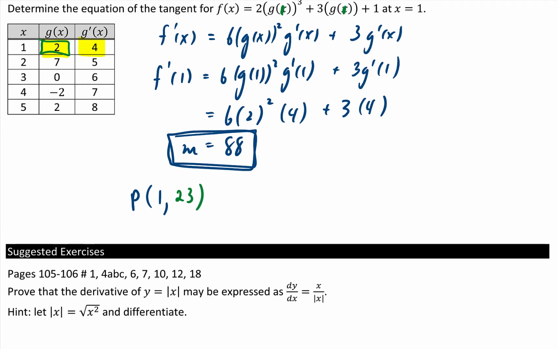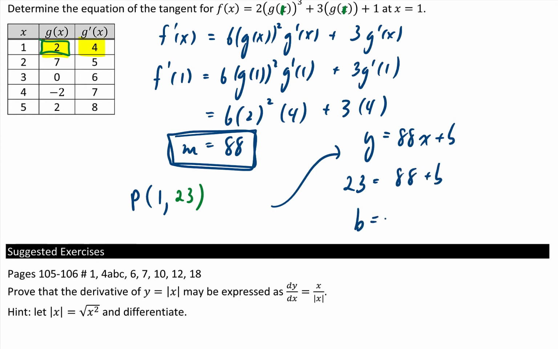So therefore, we have y is equal to 88x plus b. Subbing in our point of tangency, we get 23 is equal to 88 plus b, and therefore b is equal to negative 65. So therefore, the equation of our tangent line is y equals 88x minus 65 at x equals 1.